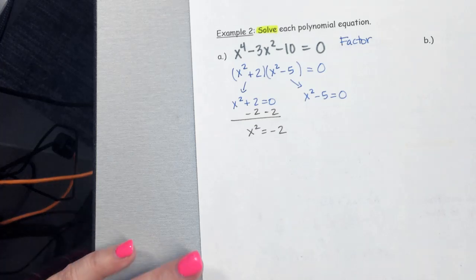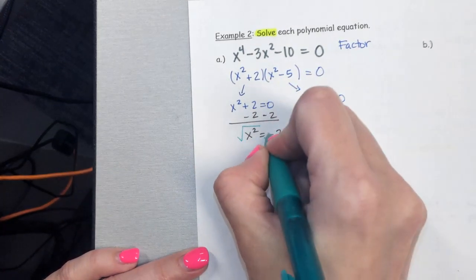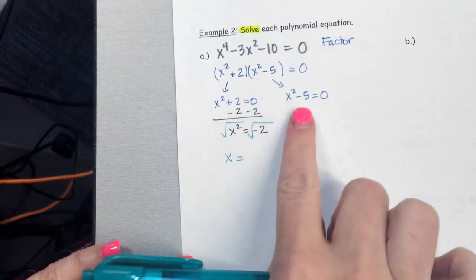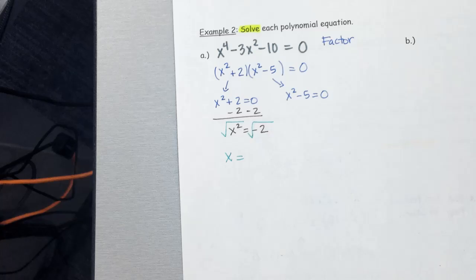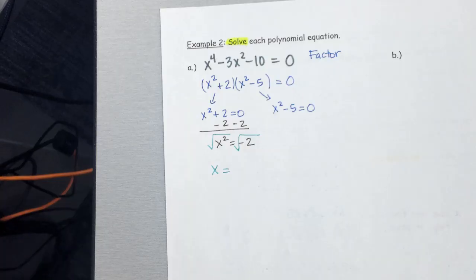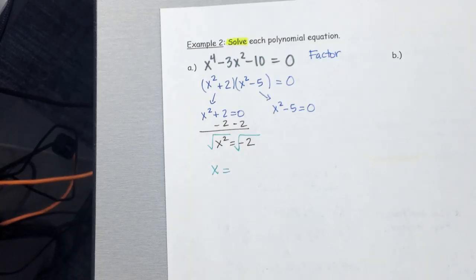All right, and then to undo the x squared, we're taking the square root. See if you can simplify that. And then do the same thing with this, okay? And then we're going to write down some key things to remember.